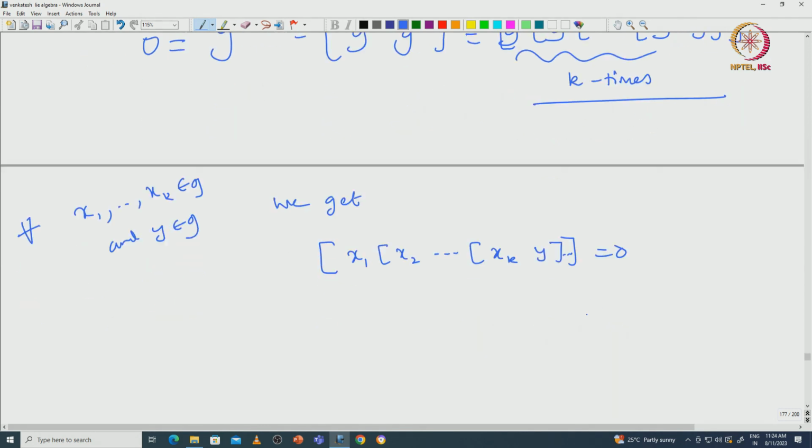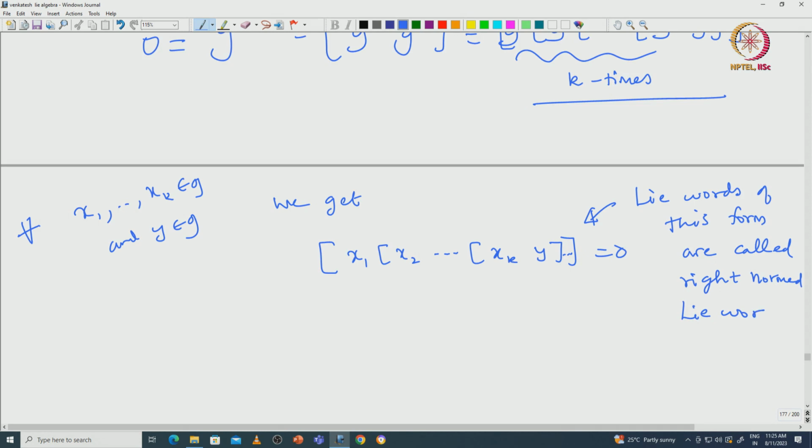Okay. So, the brackets of this form are called right normed brackets. You can similarly define what are called left normed brackets.